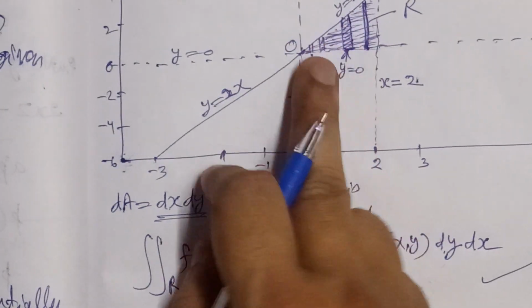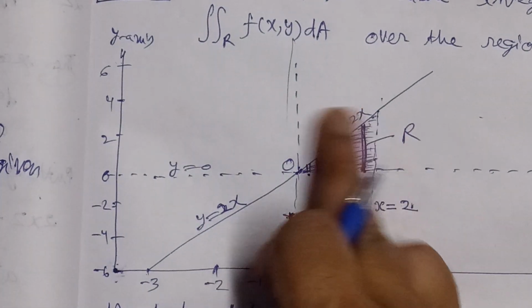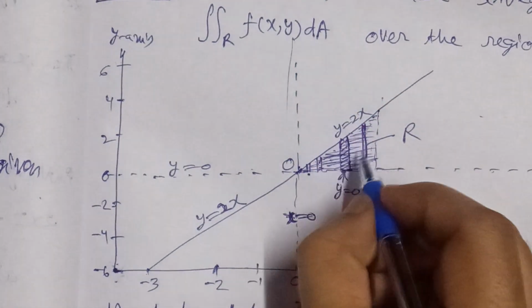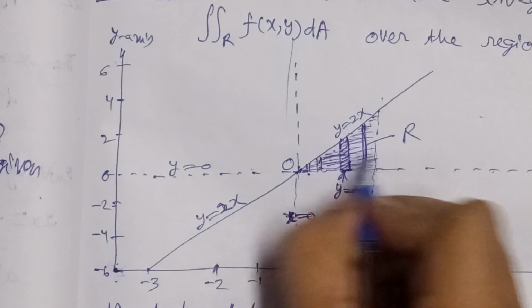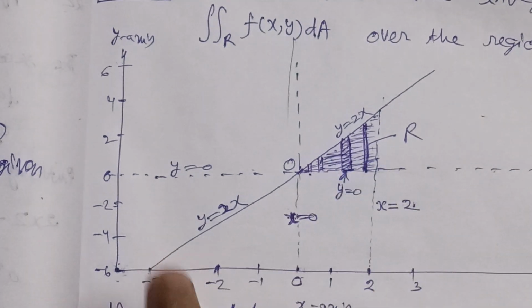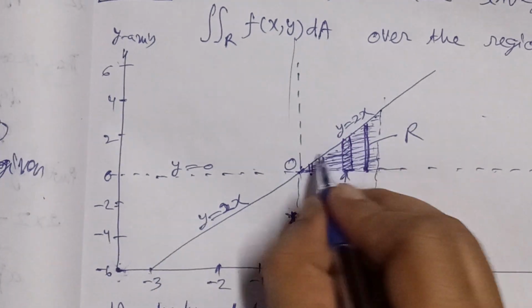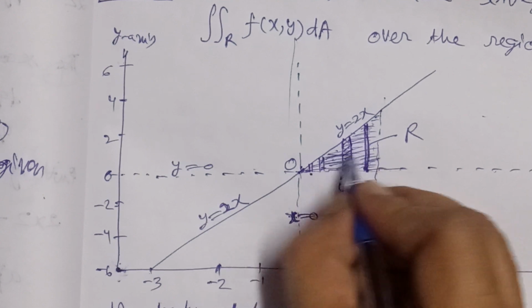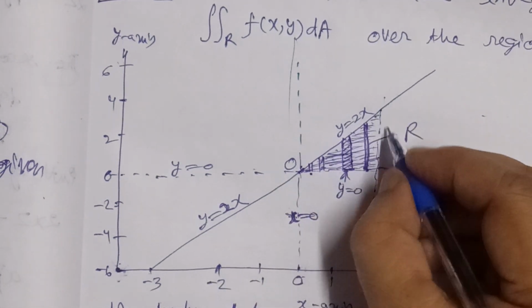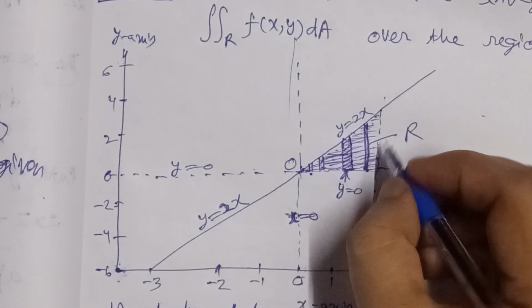For this, if we take a strip parallel to the x axis, then all strips start with this line and end with this line.